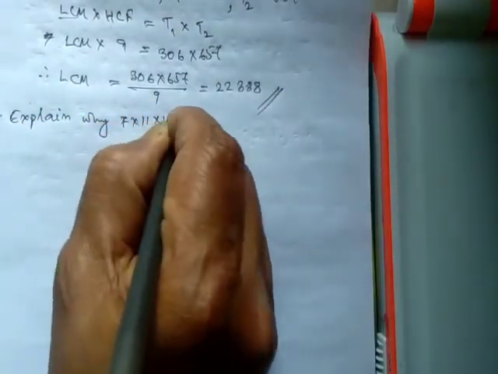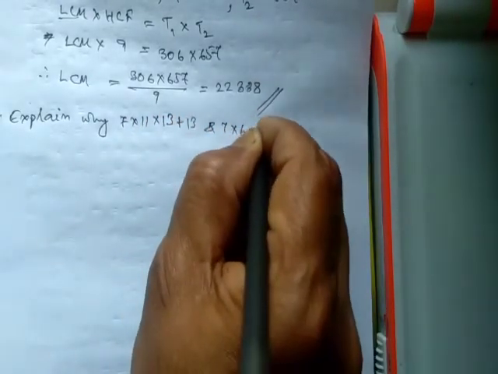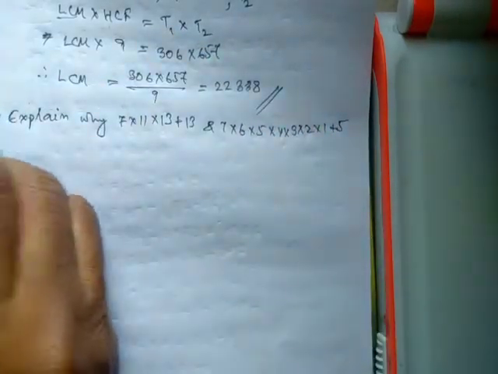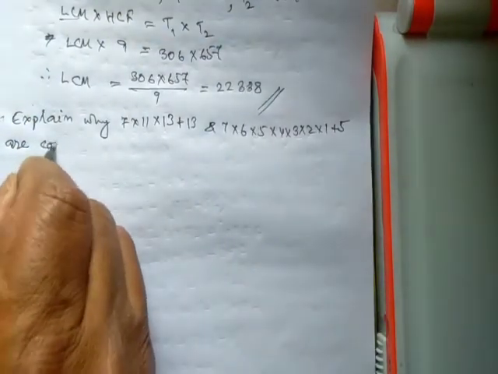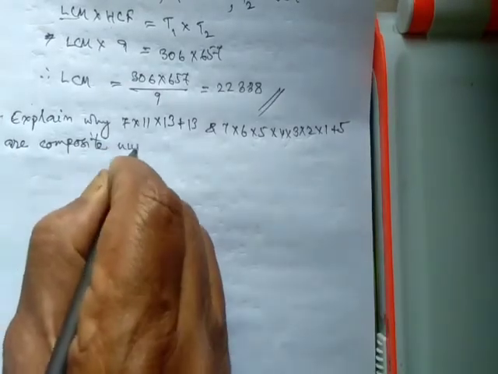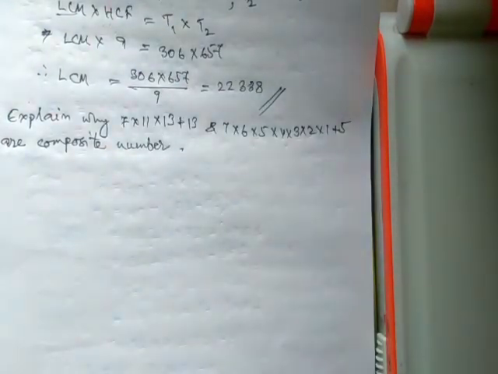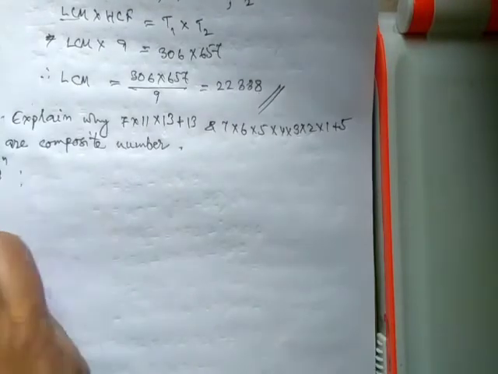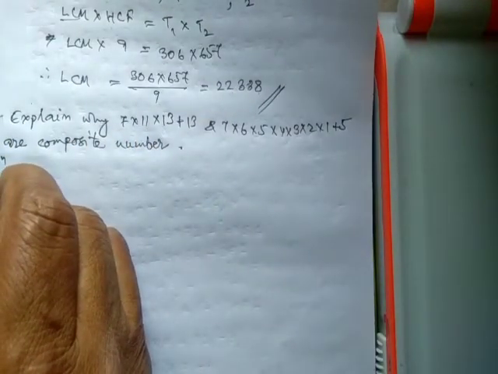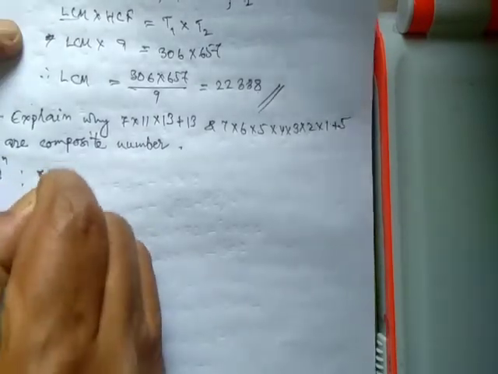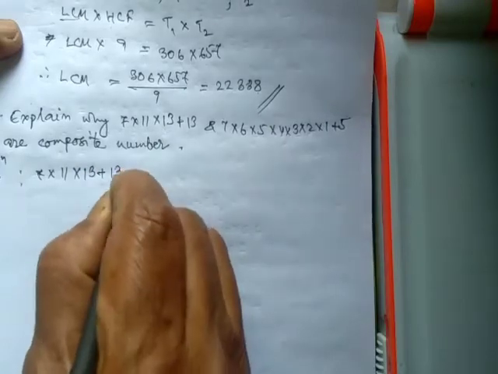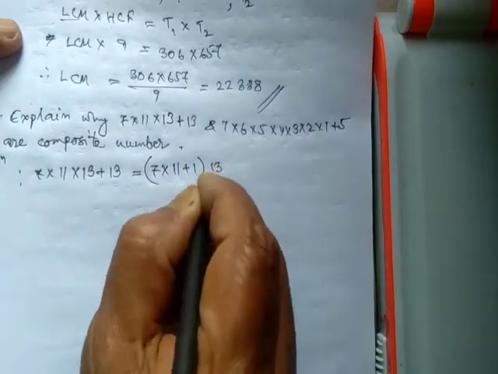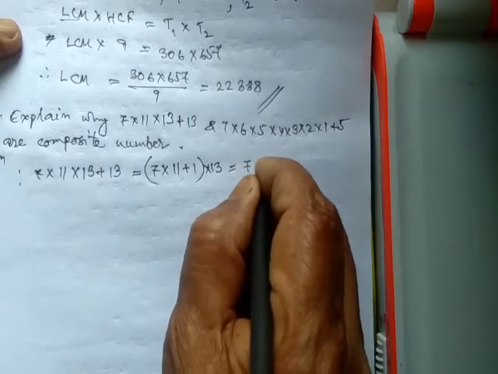7 into 11 into 13 plus 13 and 7 into 6 into 5 into 4 into 3 into 2 into 1 plus 5 are composite numbers. Solution. 7 into 11 into 13 plus 13 is equal to (7 into 11 plus 1) into 13, which is equal to 78 into 13.